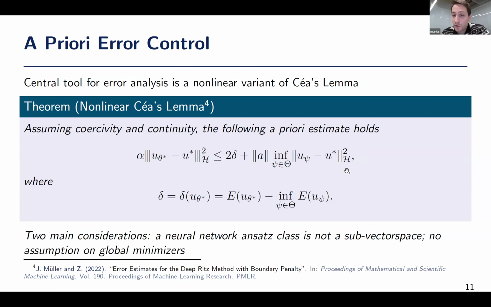So the last term is what is typically called a best approximation. So estimating this last term is a question of approximation theory, where u star is your underlying solution, and u psi now goes through all your neural networks in your ansatz class. So this term you can treat with quantitative universal approximation theorems.